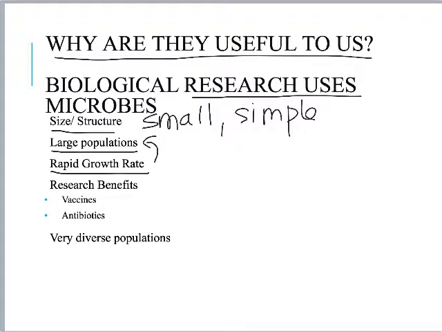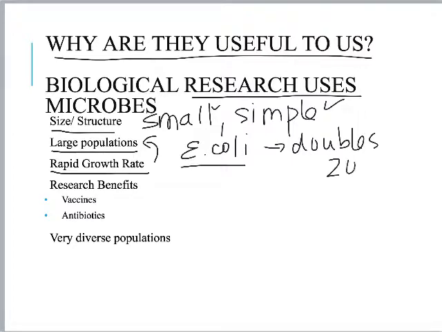An example of this is E. coli. E. coli is a bacterium that we'll talk about, and it's used a lot as a model organism because it's very small, it's very simple, and it doubles every 20 minutes.